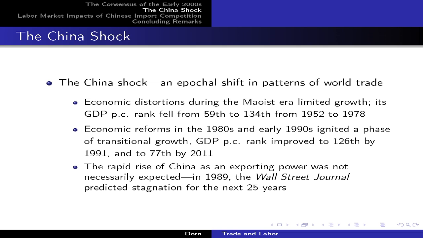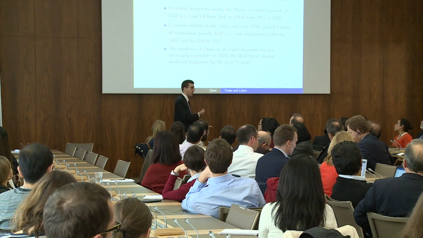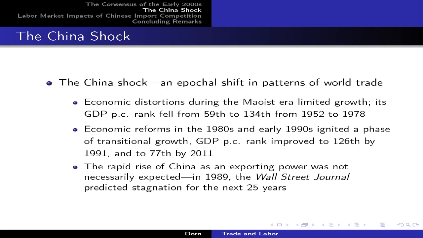In the 1980s, that rank then sort of bottomed out, and when Chinese growth and Chinese export growth in particular started to take off as of the 1990s, China moved back towards its initial position, essentially closing some of the big technology and wealth gap that had opened with regard to other countries in the prior decades.